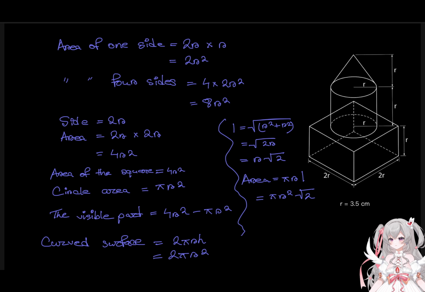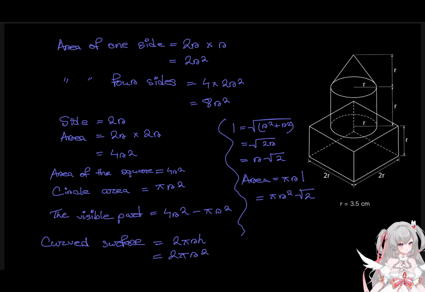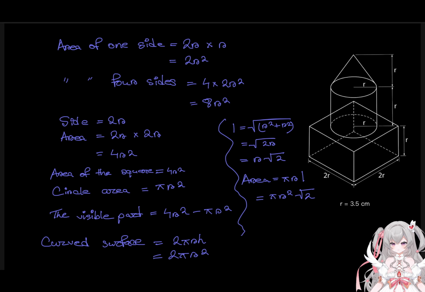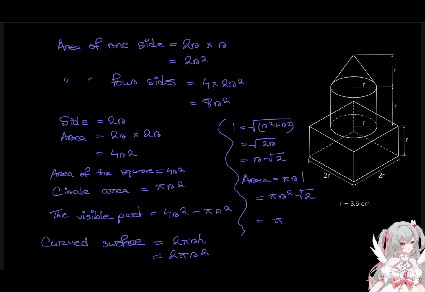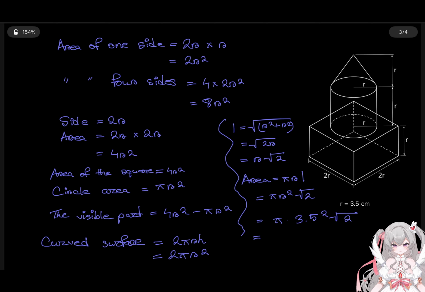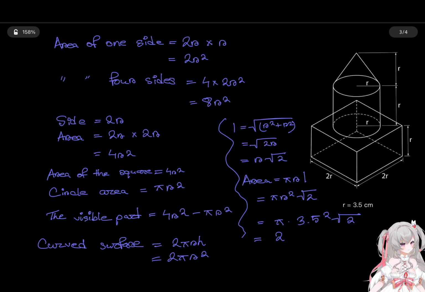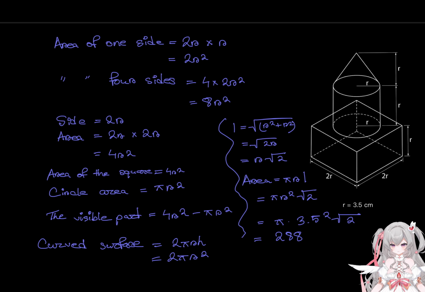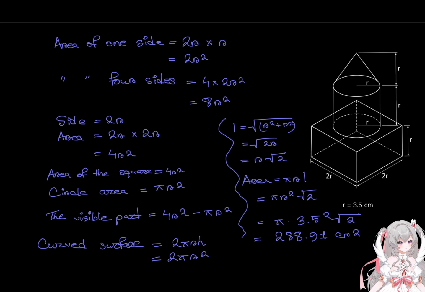Now, adding everything together and putting r equal to 3.5 centimeters, we get pi times 3.5 squared times root 2. So our final result is approximately 280.91 centimeters squared.